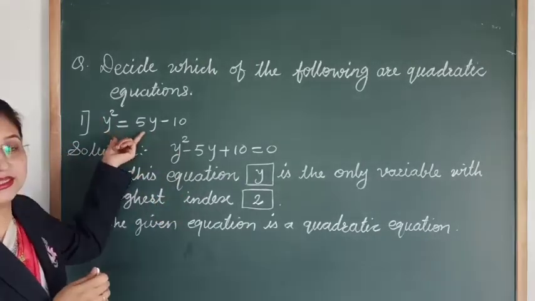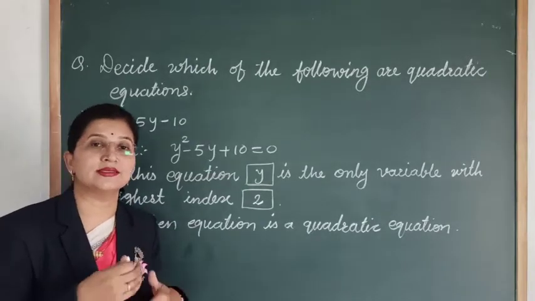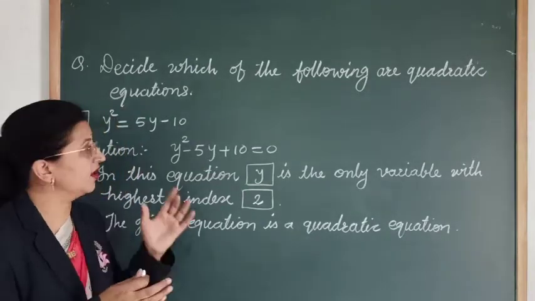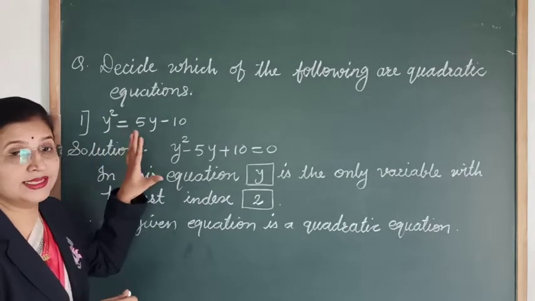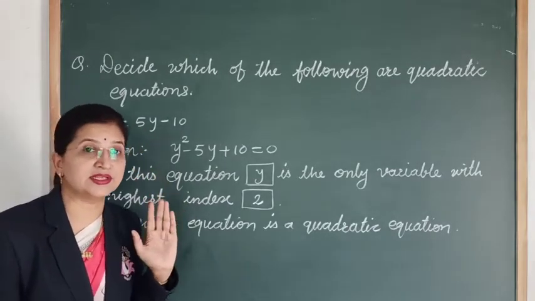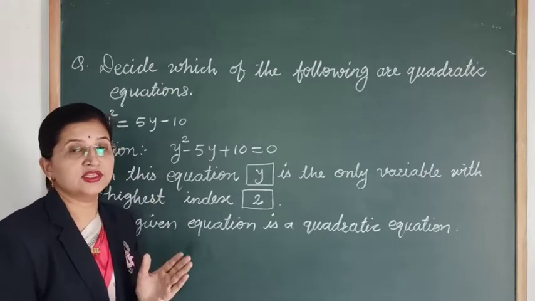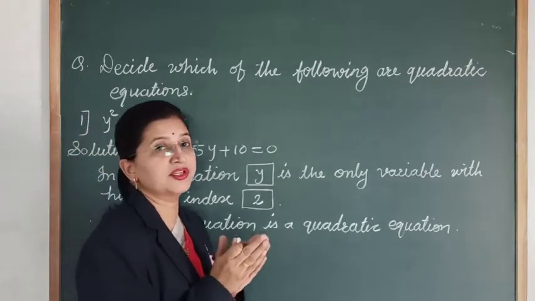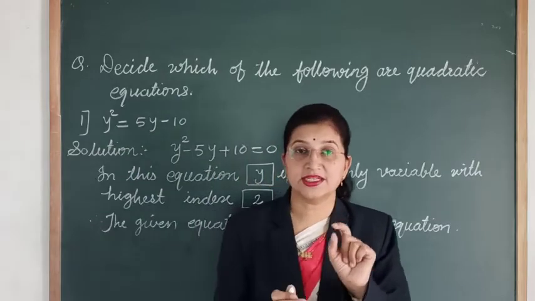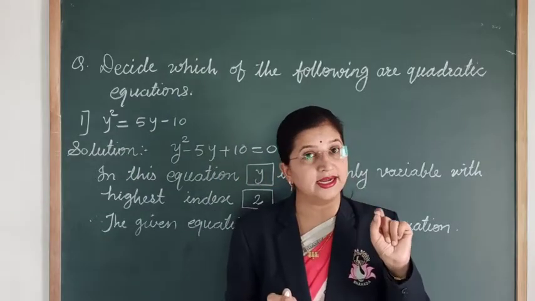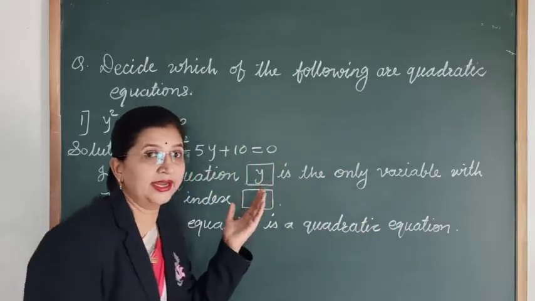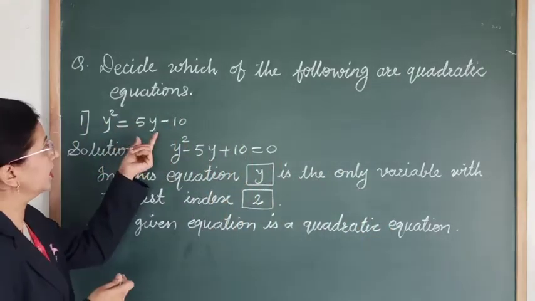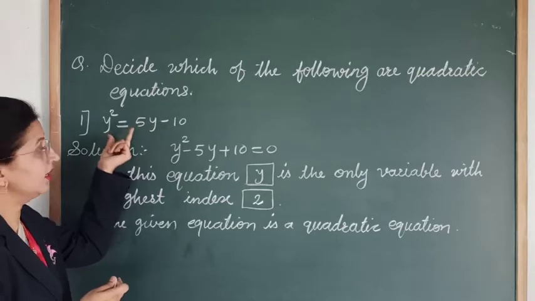So here you can see the given equation is not in the standard form. So first of all write it in the standard form. So here what is the standard form? That is ax square plus bx plus c is equal to 0. Here students, in the standard form of the quadratic equation the RHS is 0. Right hand side is 0. It means that all the terms we have to take to the left hand side. Okay, so let's take these terms to the LHS.